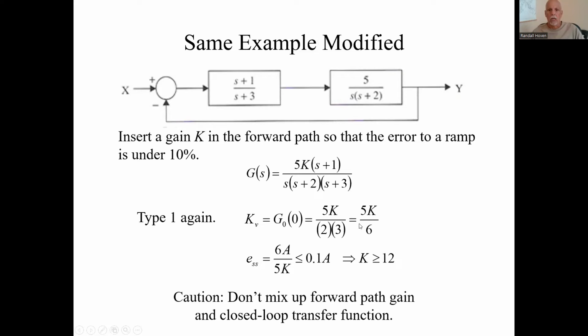This error is 1 over that times whatever the amplitude of the ramp was. And we're specified to be under 10% of that amplitude. The amplitudes cancel. Solve for this k. It says you need a k greater than 12 to get that steady state error under 10%.